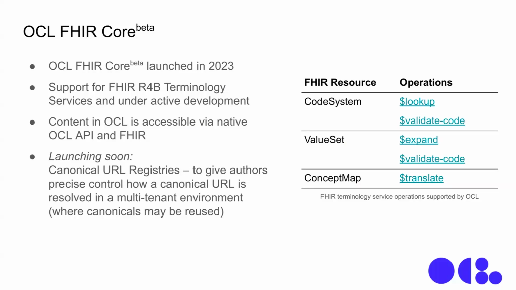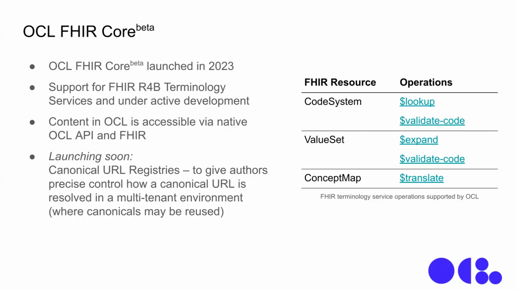Everything that you load into OCL is available as FHIR or in the OCL API. You don't choose; it's not like you do FHIR work and then OCL work. Any content that you've loaded is available in both. And there's some pretty cool stuff we've made available, including canonical URL registries.